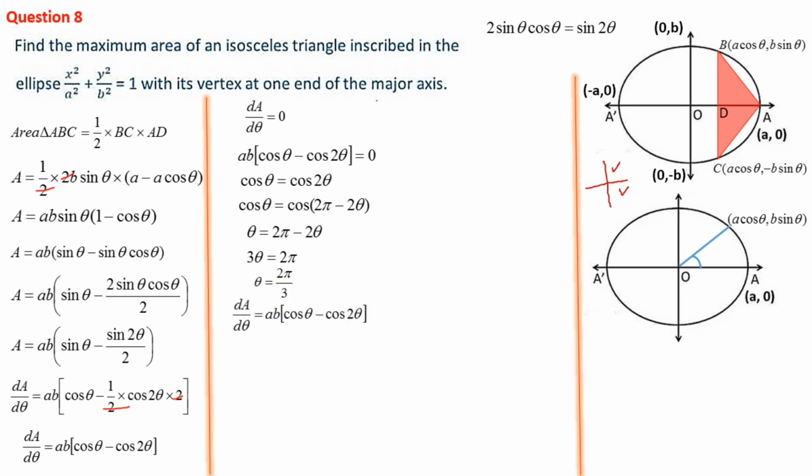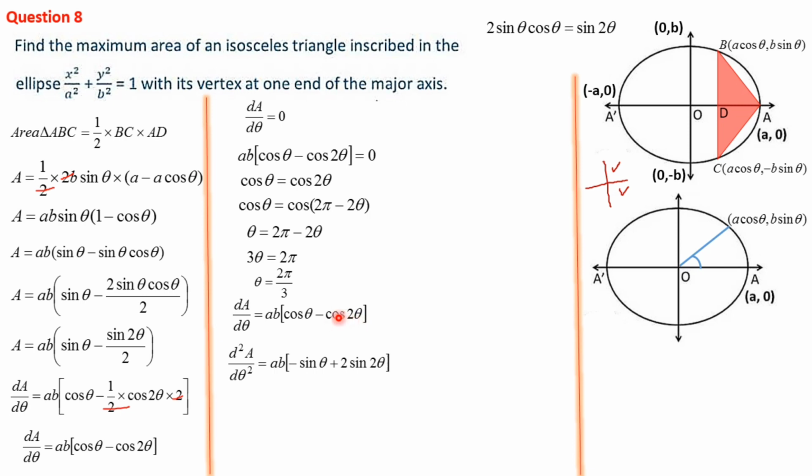Now dA by d theta we have AB into cos theta minus cos 2 theta. Then let's find d square A by d theta square. That is equal to AB into the derivative of cos theta, which is minus sin theta, then minus the derivative of cos 2 theta, which is minus sin 2 theta.